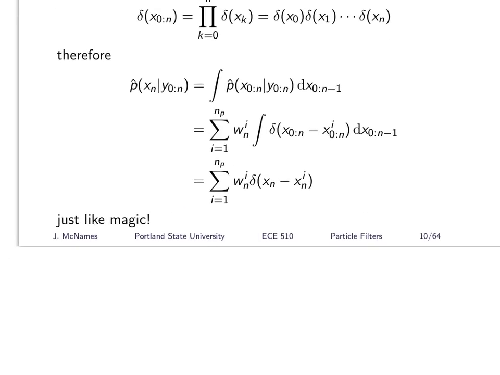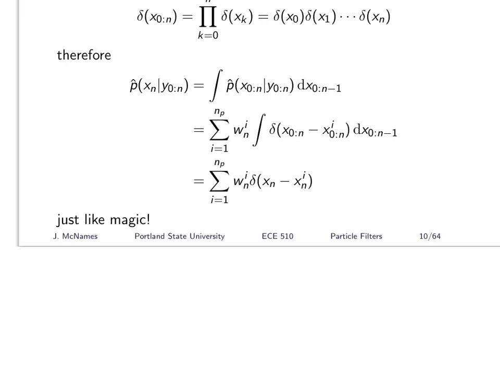And the really nice thing about working with the particles is that integrals suddenly become trivial. Integrals become sums. If we substitute our representation of the joint in here and change the order, so that rather than doing the integral of the sum, we're doing a sum of integrals, we push that integral in as far as we can.